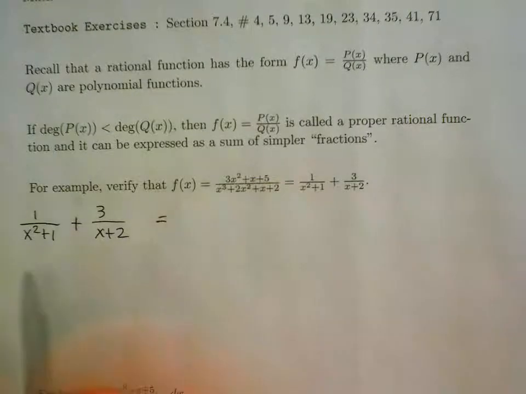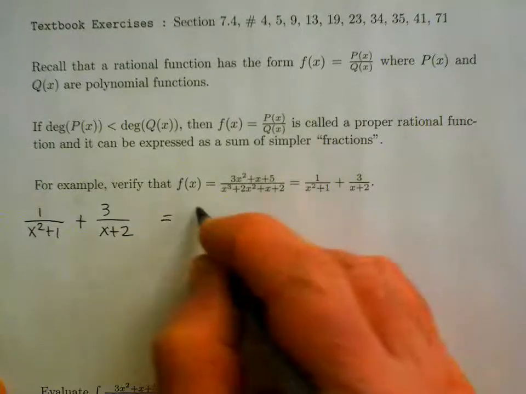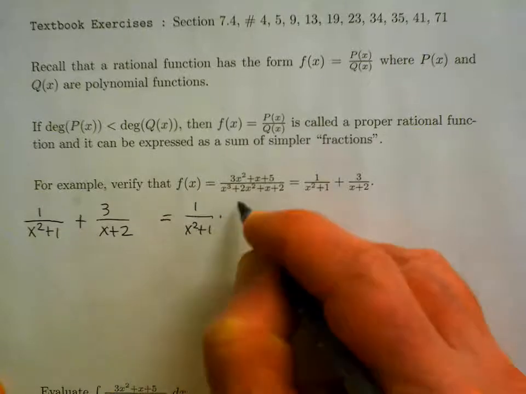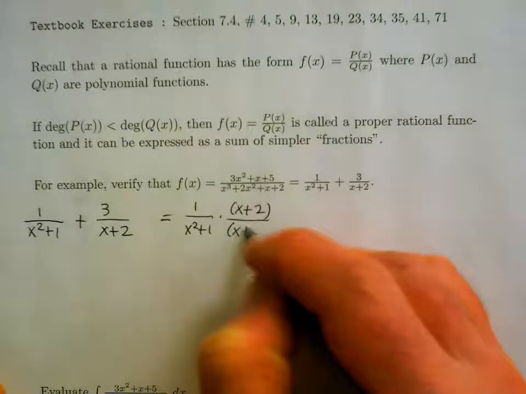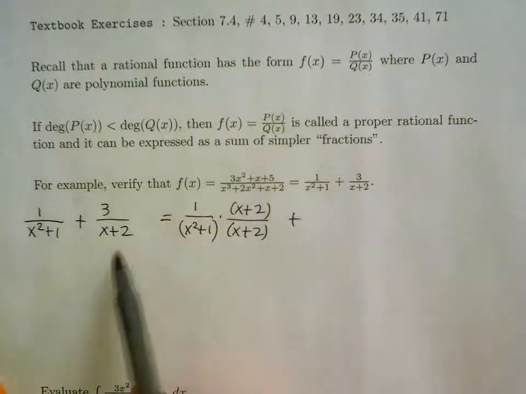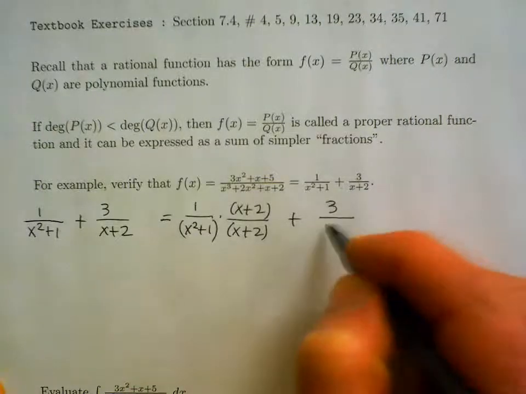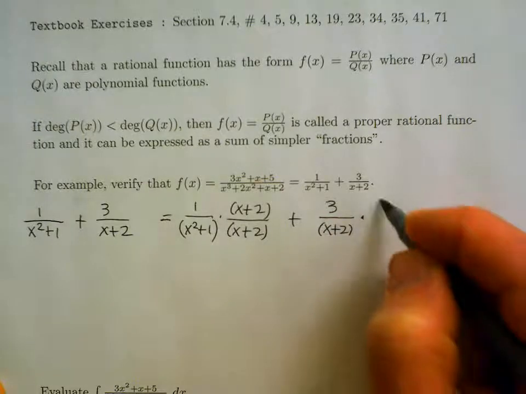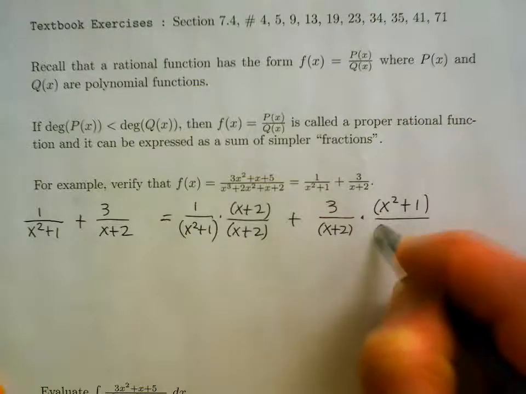So we multiply the fraction on the left by 1 in the form x plus 2 divided by x plus 2, and multiply the fraction on the right by 1. This time the form 1 takes is x squared plus 1 over x squared plus 1.